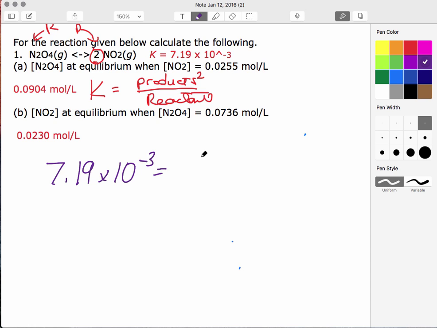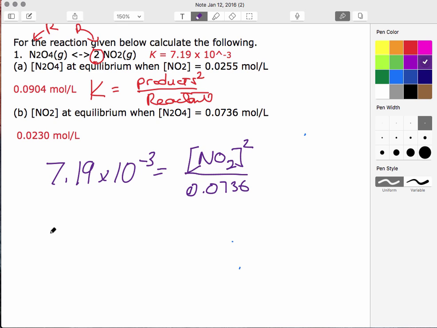And last time we had that value, but we don't this time. So it's NO2, whatever that concentration is, squared. And that's going to be divided by N2O4, which is 0.0736 moles per liter.